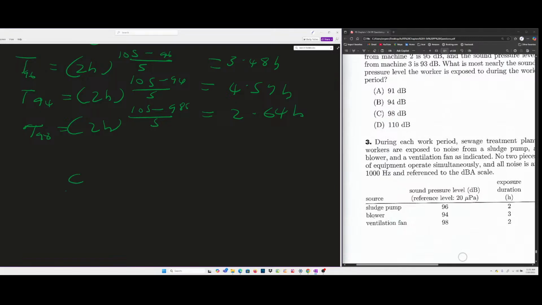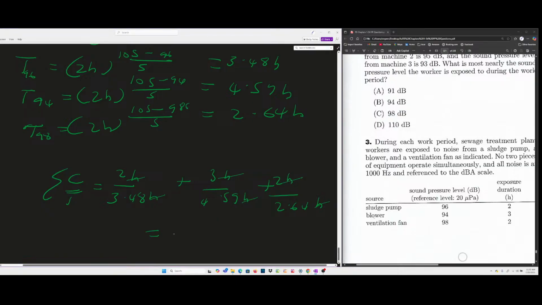So we have the summation of C over T, which is 2 hours over 3.48 hours, where the hours all cancel, plus 3 hours over 4.59 hours, plus 2 hours over 2.64 hours. This is going to give us 2.